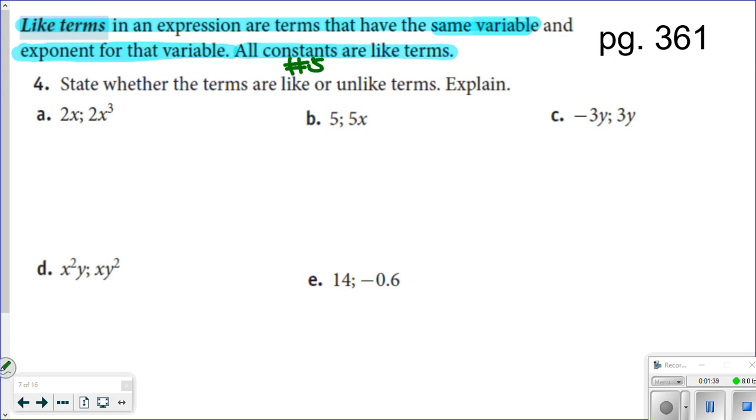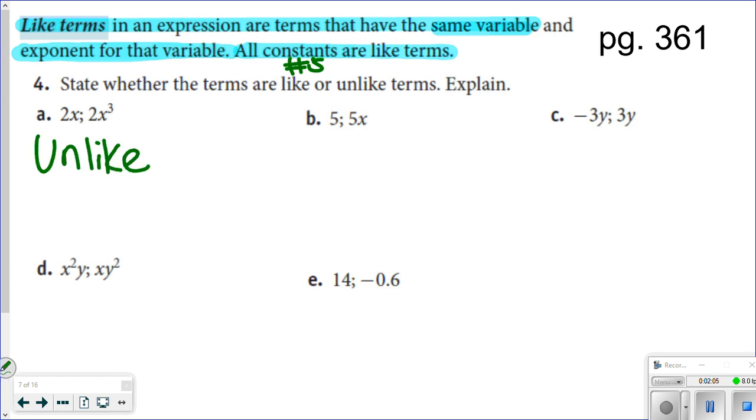So for question 4, it says state whether the terms are like or unlike and explain. If I'm looking at the first one, remember they have to have the same variable, so they both have x's, but they have to have the same exponent. So these are unlike terms.